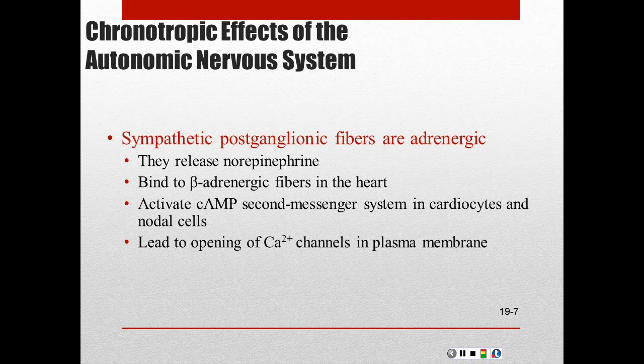Now, binding activates cAMP, which is our cyclic adenosine monophosphate second messenger system in the cardiocytes and the nodal cells. Now, cAMP activates a phosphorylase that opens calcium channels in the plasma membrane, allowing influx of calcium that activates depolarization of the SA node and contraction of the cardiocytes, so it speeds up the heart.